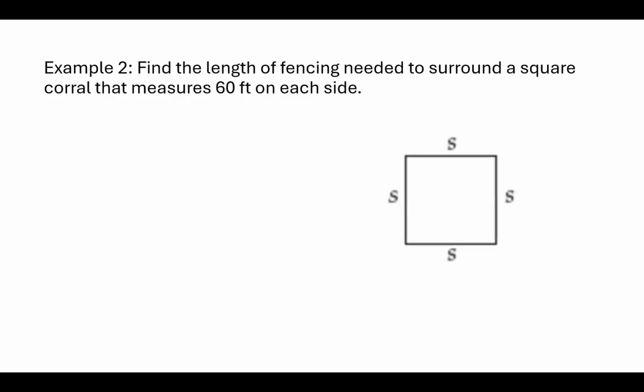Now, the next question says, find the length of fencing needed to surround a square corral that measures 60 feet on each side. Fencing is another word for perimeter because perimeter refers to the whole sum, and a fence usually encloses an area.